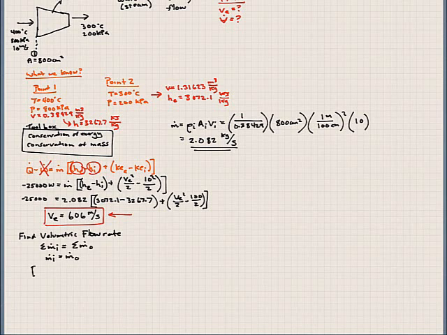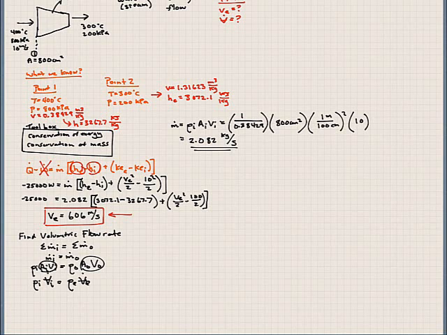We can say that the density at the inlet, area at the inlet, velocity at the inlet equals density at the exit, area at the exit, velocity at the exit. Now keep in mind, we're trying to find the volumetric flow rate, which is the combination of these two terms. A times V is volumetric flow rate. So we'll rewrite this as density at the inlet times volumetric flow rate at the inlet is equal to density at the exit times volumetric flow rate at the exit.